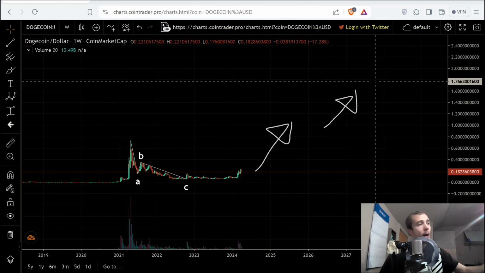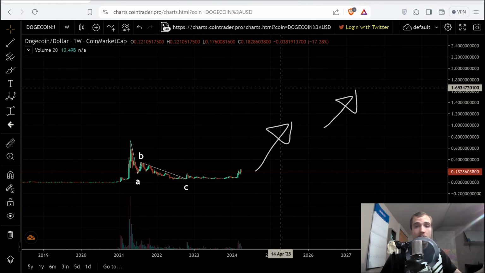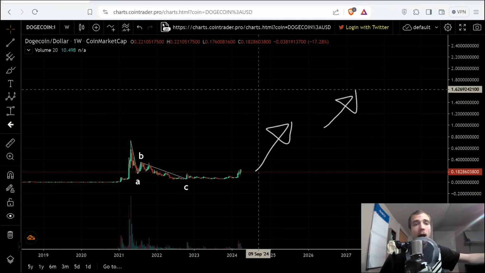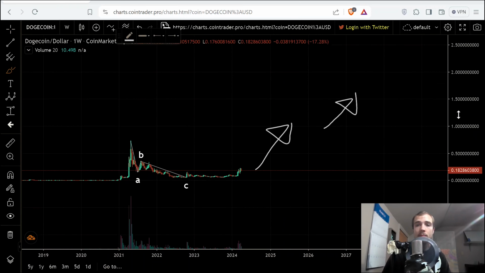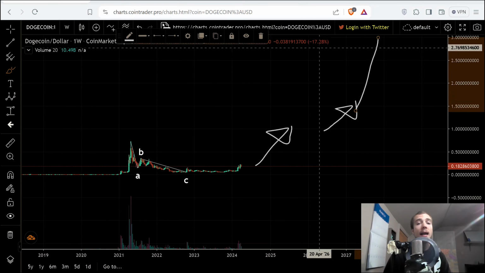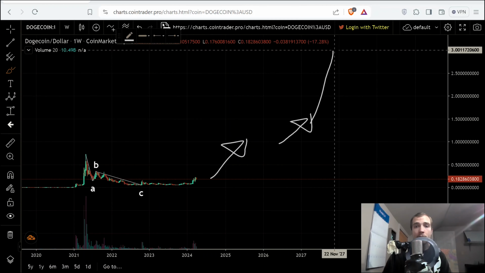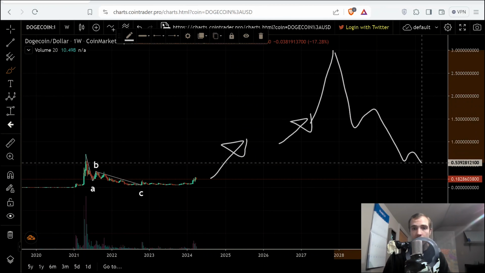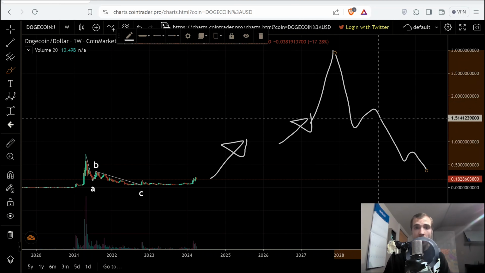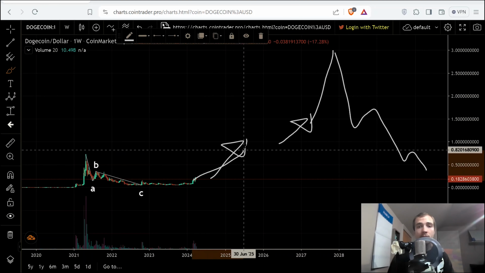And this thing's going to pump and pump and pump and keep pumping. And people are going to be already out of the market. And they're going to be too scared to buy until, guess what? Till the price is so high that they think that it's going to go up forever. Then they're going to buy right when a real bear market comes and it starts to drop again, right? This is just the nature of human psychology.